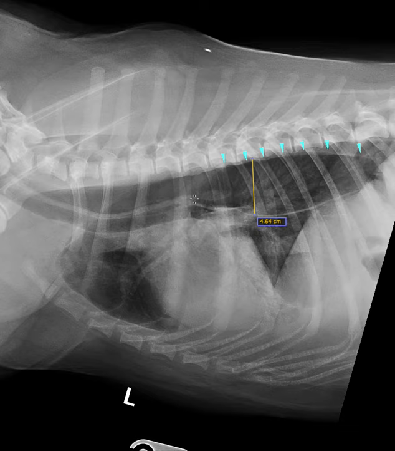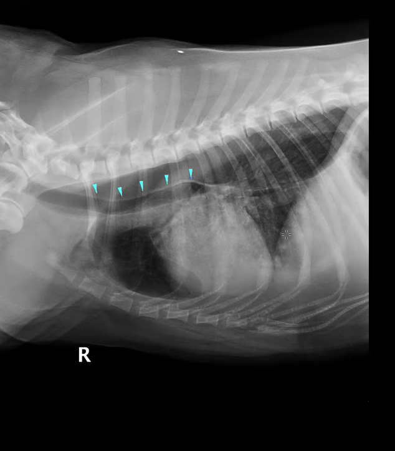The tracheal stripe generally is considered to end at the carina. That's because, as we already defined, the tracheal stripe specifically refers to that summation of the tracheal wall and the esophageal wall, but we can still see the ventral esophageal wall here all the way into the caudal thorax on this case. Going back to this view, you can appreciate that this is also the case on the right lateral view.